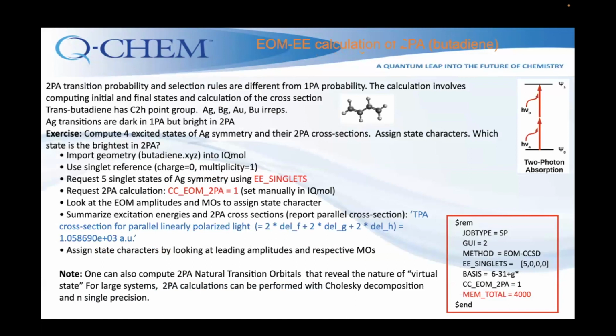It's related to some interaction between IQMol and Q-Chem. So the two-photon example is shown here. Again, you use here CVS EOM-EE calculations, but you specifically tell Q-Chem that you want to calculate two-photon transition probability, two-photon cross sections. So that will require a few more additional calculations because of how the theory works.